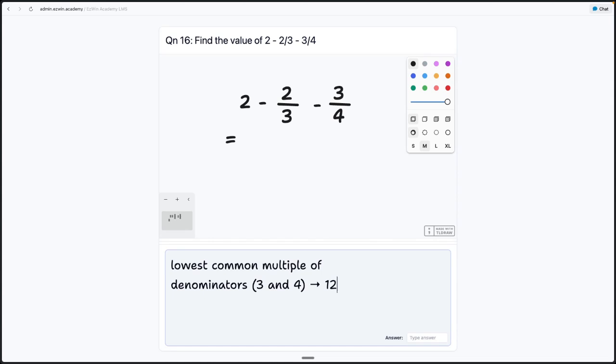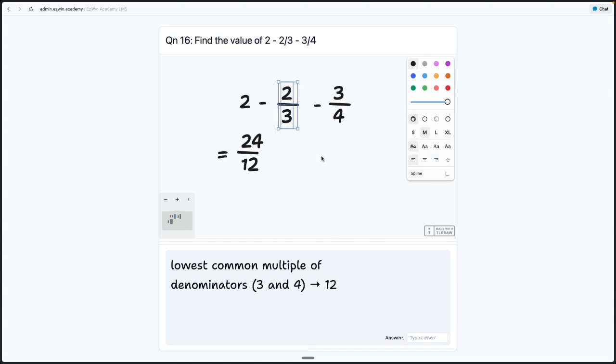So we can make everything into denominators of 12. For 2 over here, this would become 24 out of 12.